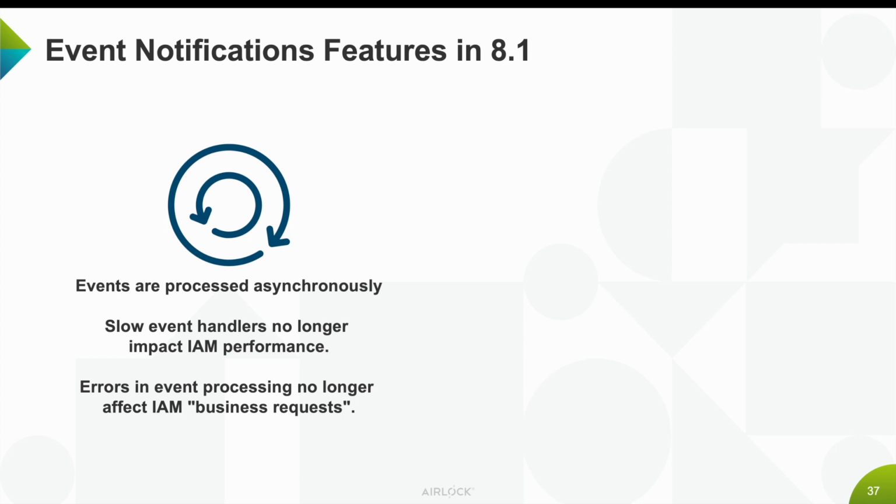And it also means that if an event handler fails, for example, if an event handler tries to connect to another system like a REST responder or an SMS gateway or an email gateway, it no longer negatively affects the IAM business requests. Please be aware that we didn't change the meaning of events or the guarantees we give.